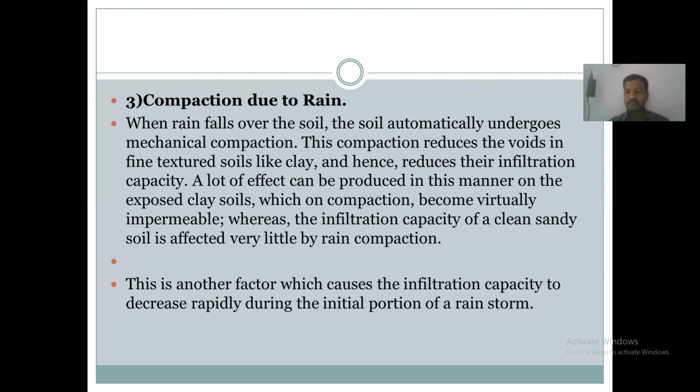The soil particles will come nearer to each other. Then what happens? The air present in the voids of the soil will escape. So infiltration capacity will reduce. Soil becomes impermeable.